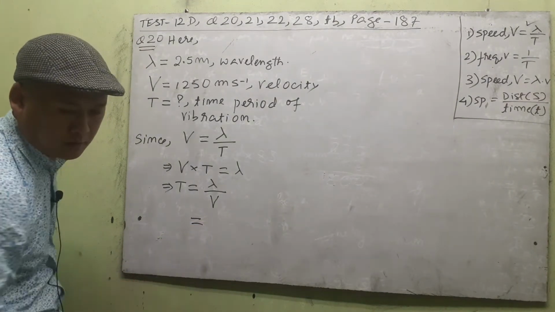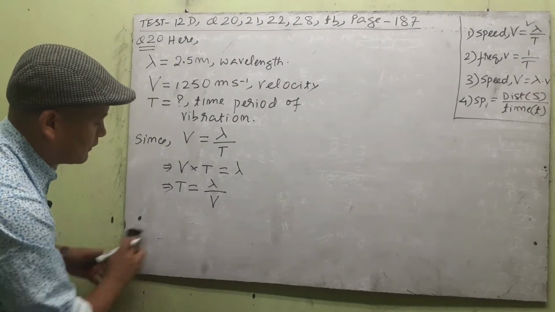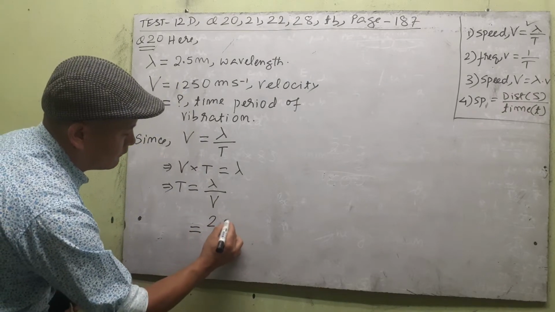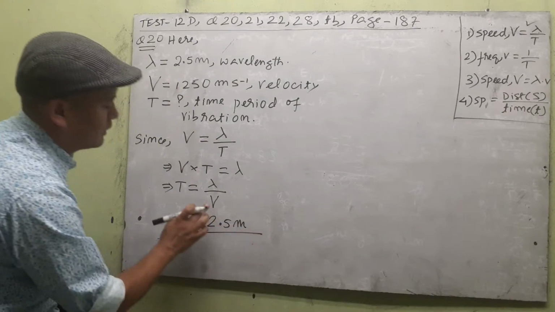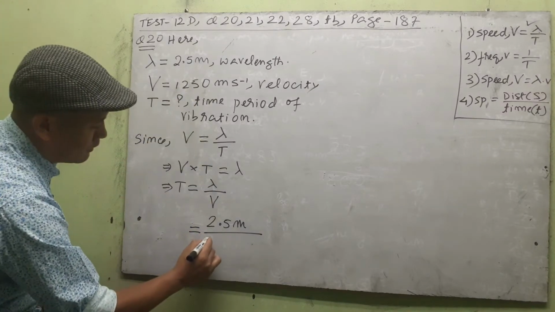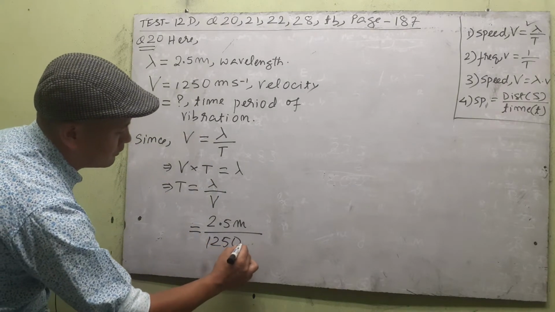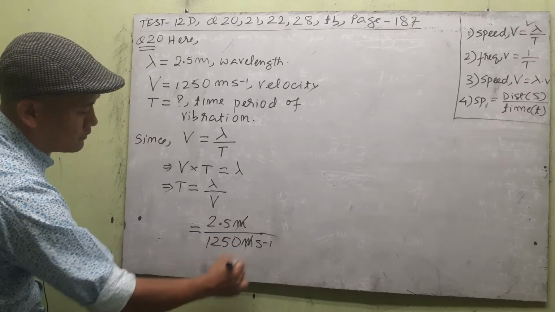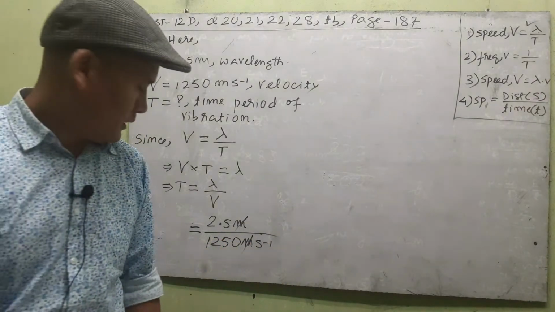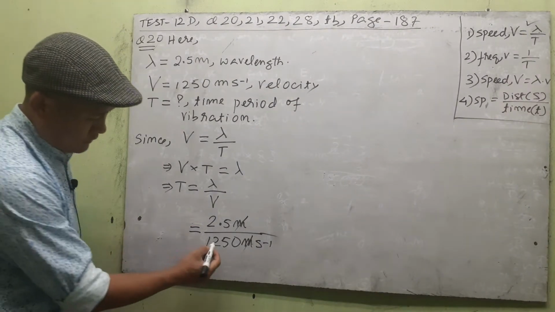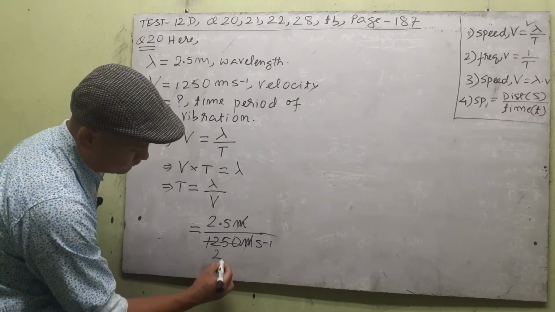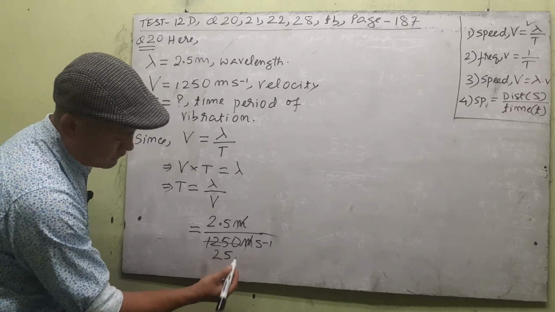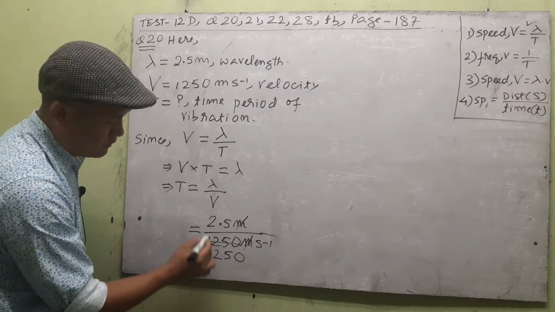Lambda is here. As you can see, the wavelength value is given up there: 2.5 meter divided by V, the velocity, 1250 meter per second. You can cancel these two, meter and meter. Then 5 with this, so let's just do it. 5 2s are 10, 11, 12, 2 in hand, 25. 5 5s are 25, none in hand, 5 zeros are 0.